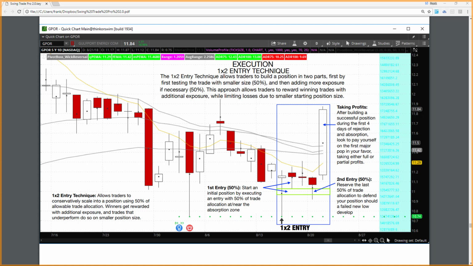So the 1x2 entry technique allows traders to conservatively scale into a position using 50% of allowable trade allocation. Winners get rewarded with additional exposure, and trades that underperform do so on smaller size.